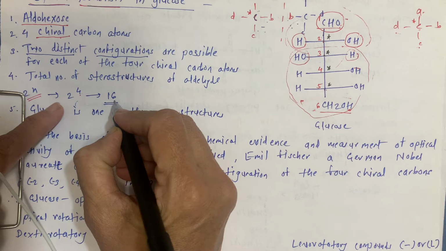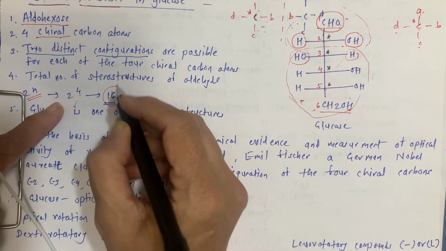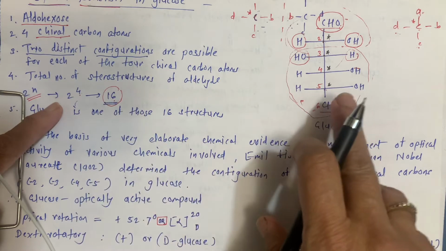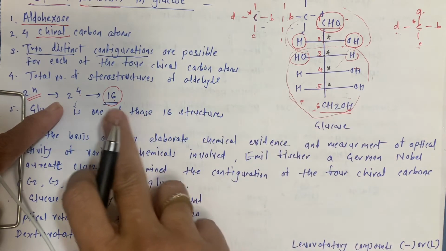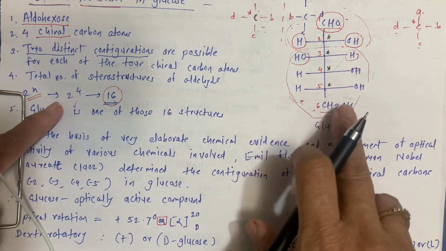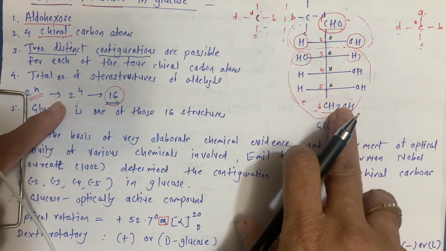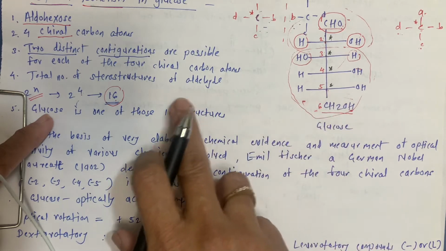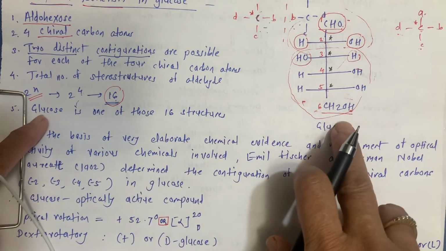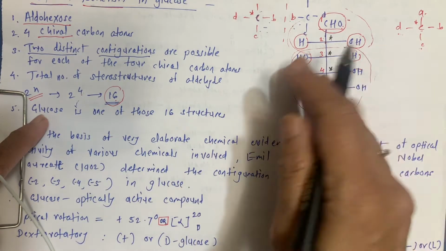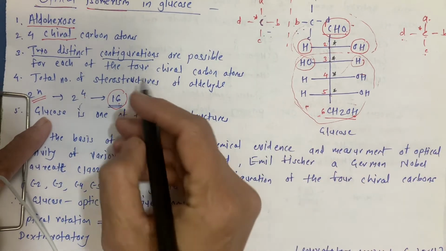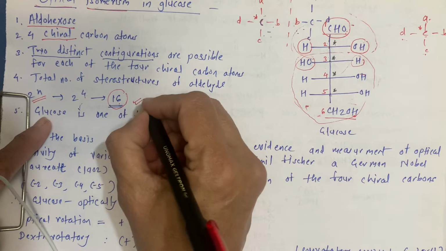So 16 distinct configurations of glucose are possible, including this structure which we studied everywhere. So from these 16 structures, this glucose is one of them. We can draw all the distinct configurations, and the total structures are 16.